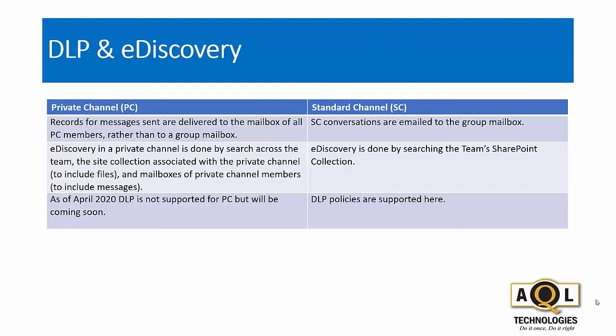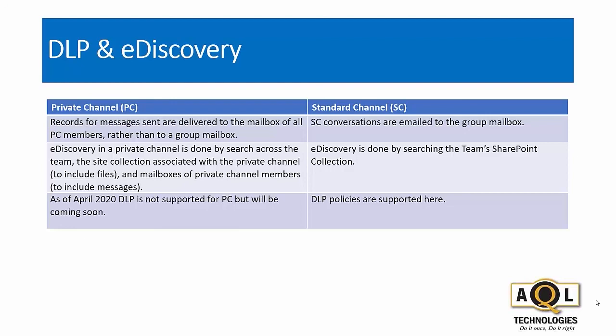And this is the reason why, when eDiscovery is to be configured for private channels, the search needs to be done across the entire team site collection associated with the private team, because every private channel has its own site collection other than the site collection of the team that it's associated with.